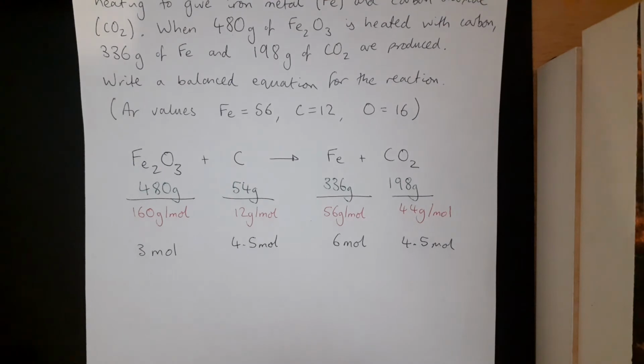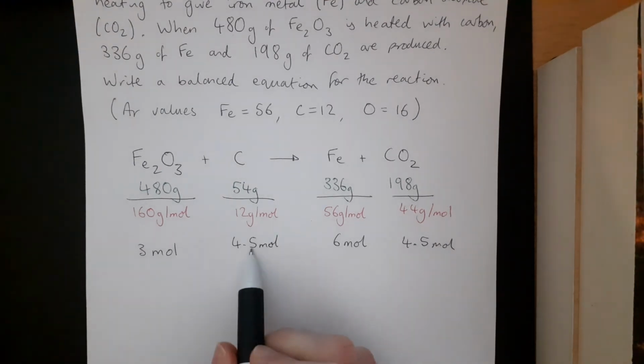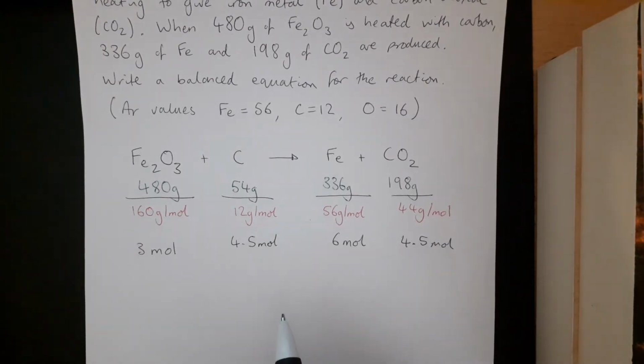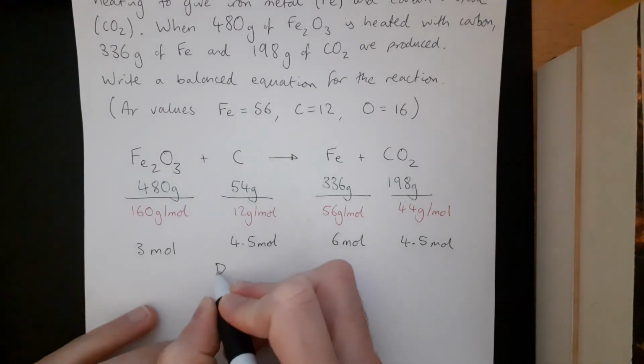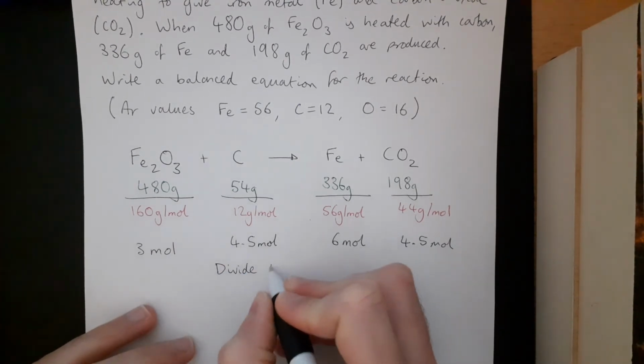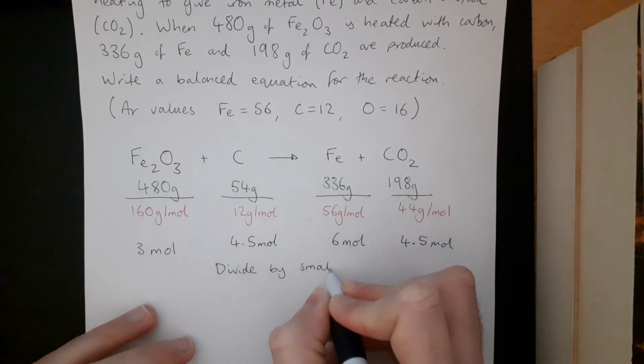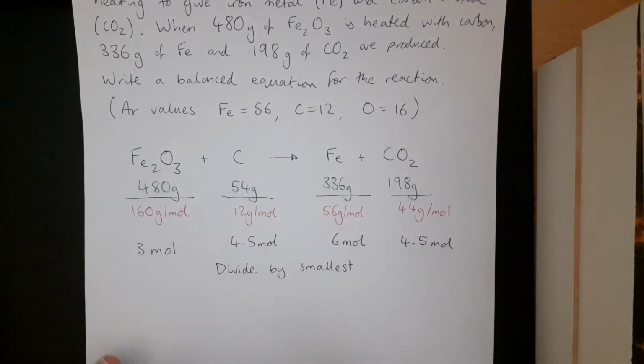Okay, so this is my ratio, but again, I've not got whole numbers. It'd be nice if we could get these into whole numbers to get the simplest ratio. So what we can do at this point is divide by the smallest again. Out of these, the smallest number is 3. So I'm going to divide them all by 3.